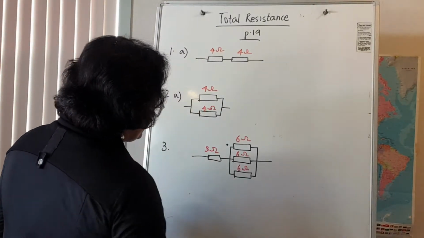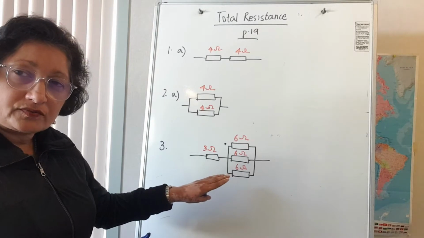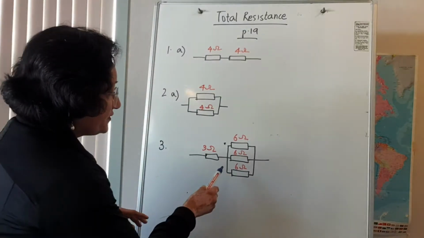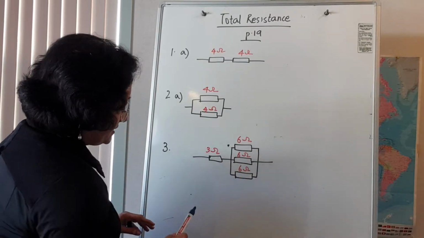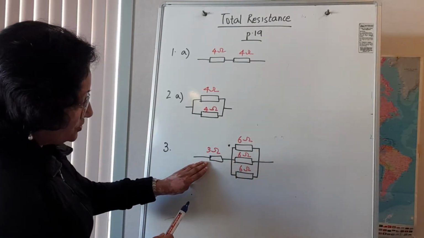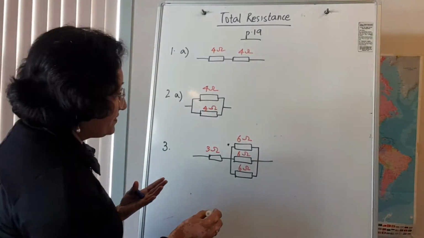This one here is a combination of series as well as parallel. So we do this in 2 parts. You're first going to find the resistance of what's in parallel, and then you're going to add it to the 3 ohms, because for series you just add them.